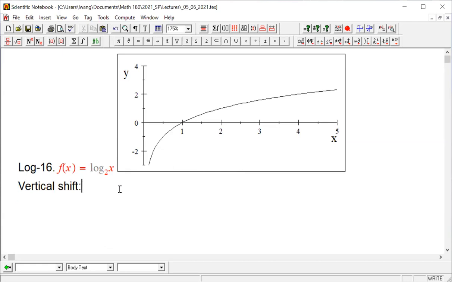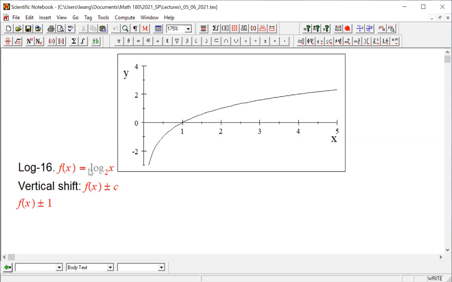When we look at the vertical shift, which is in the form of f of x plus a number or minus a number, in our case, let's consider the special case where c is 1.